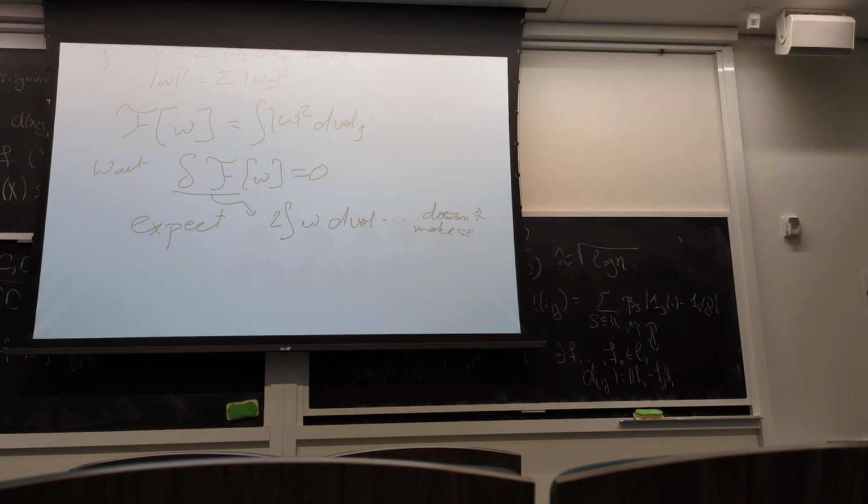Right? Because this is like a K form now, and we can't integrate a K form over volume and get a number out. So what we really have to do, well, actually maybe the notation is a bit wrong here. What I did last time was I subscripted with the point that we're looking at, which is omega, and I said we're going to take the variation with respect to some little variation here.